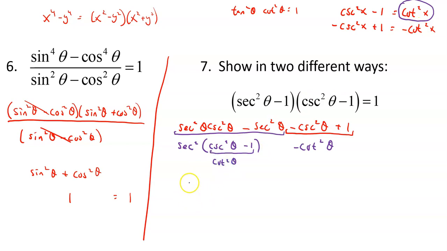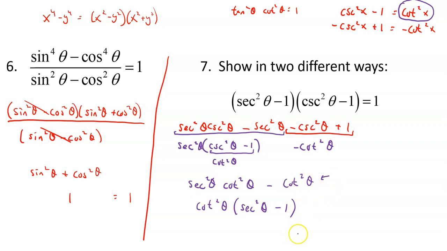So I'm left with secant squared theta times cotan squared theta minus cotan squared theta. And look, they both have a cotan squared in them. So here I can factor out a cotan squared, and I'm going to get a secant squared theta minus 1, because I took my cotan squared out of the first group and I was left with a secant squared. Take a cotan squared out of a cotan squared and you get 1.